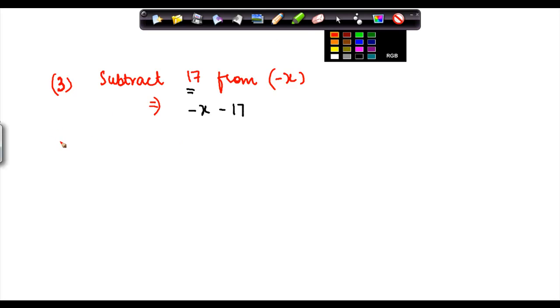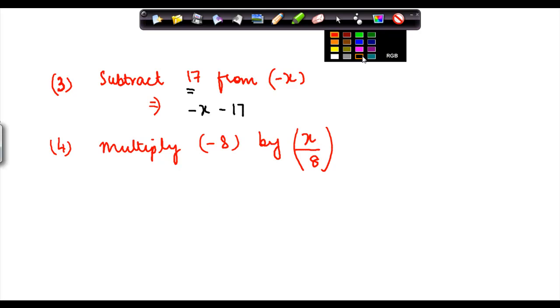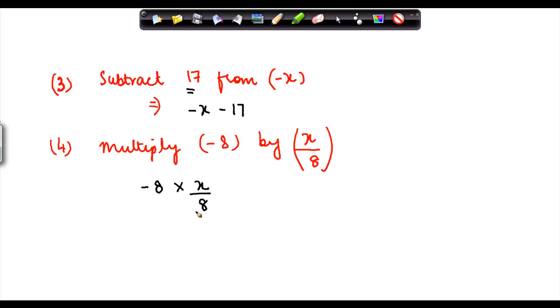Okay, let me do another one. Multiply minus 8 by x divided by 8. This is even more interesting. So I need to take minus 8 and I multiply it by x upon 8.